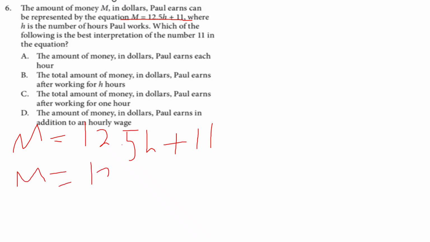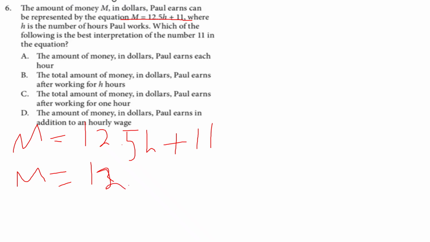So just going through each one of the options that they give us. In option A, it says the amount of money in dollars Paul earns each hour. So just looking at this equation, M equals 12.5 H plus 11. Since H is the number of hours worked, let's say Paul worked 2 hours. So we would just plug that number 2 into the equation.